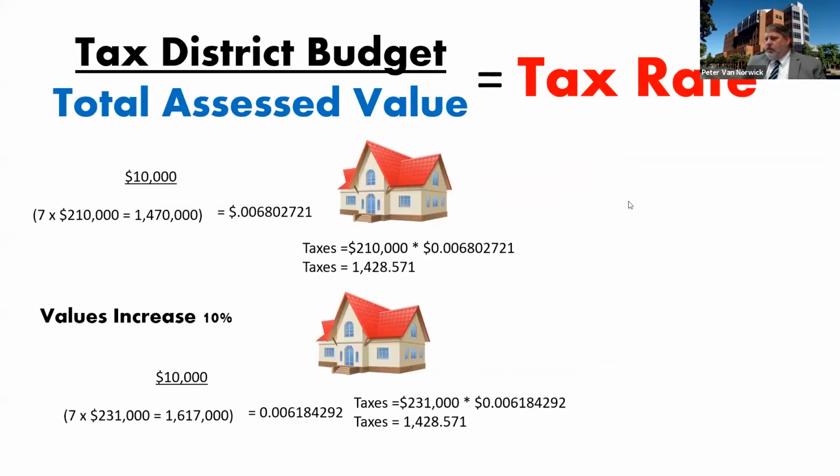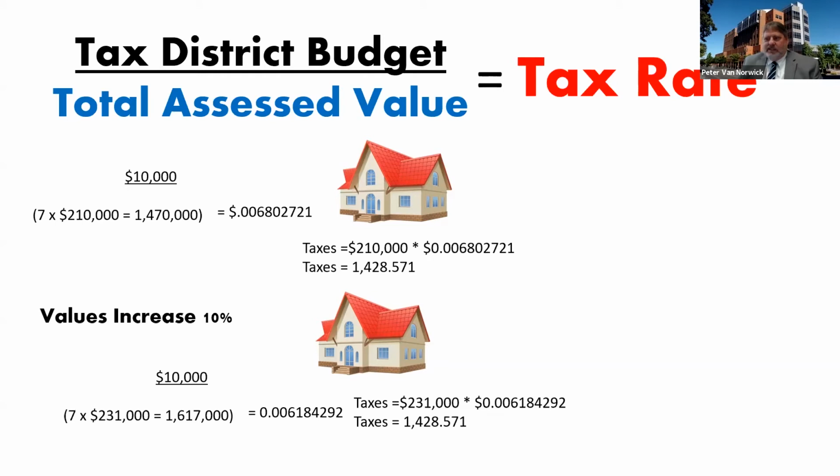There's also something very important to understand about property taxes, and that's how they work. The most calls we get into our office are from people that don't understand how assessed value ties to property taxes.